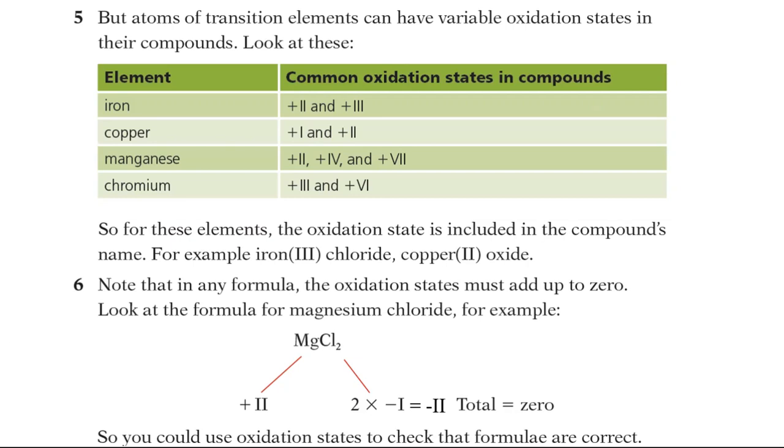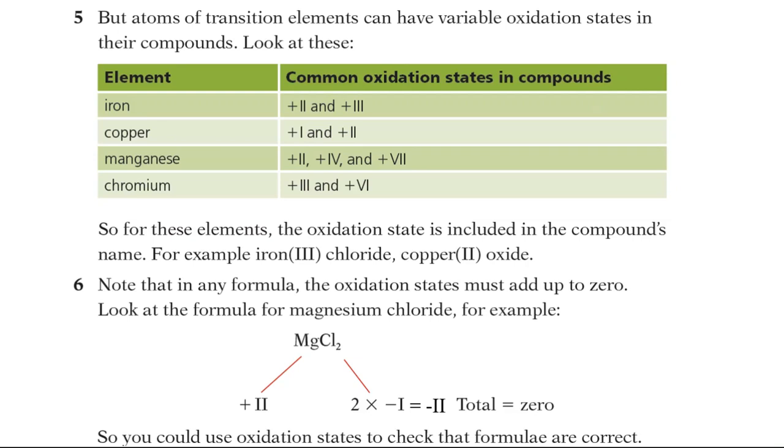Similarly, copper oxidation states in compounds are +1 and +2. Manganese +2, +4 and +7. Similarly, chromium common oxidation states in compounds are +3 and +6.